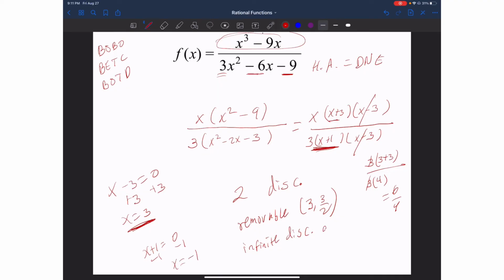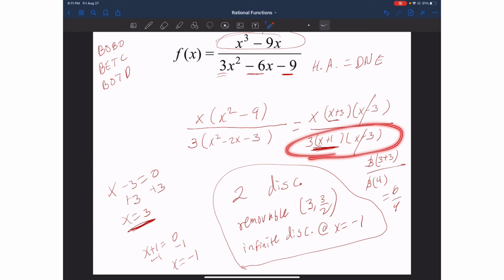So my infinite discontinuity will happen at x equals negative 1. In this example, we did have one infinite and one removable. Again, keep in mind that it's just going to depend on what happens with your parentheses, what cancels out, and what doesn't. And again, your discontinuities only come from the denominator.